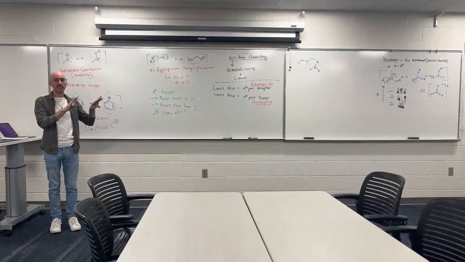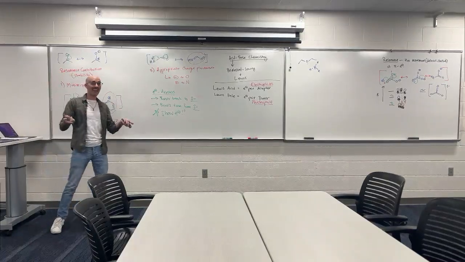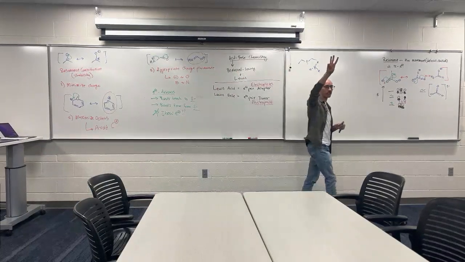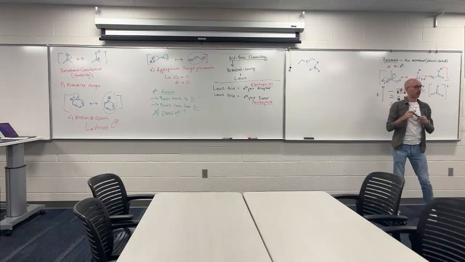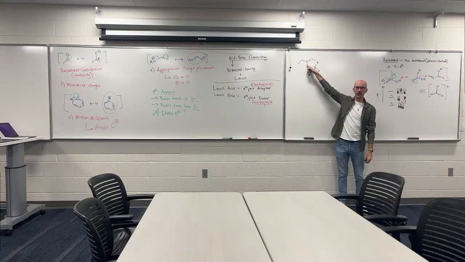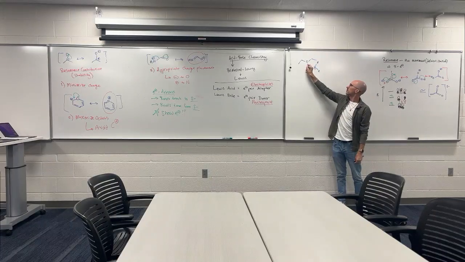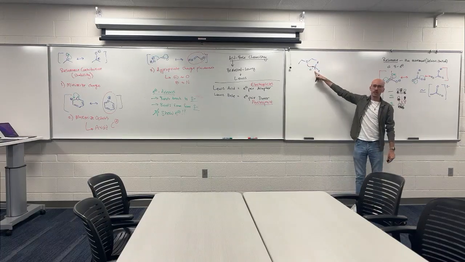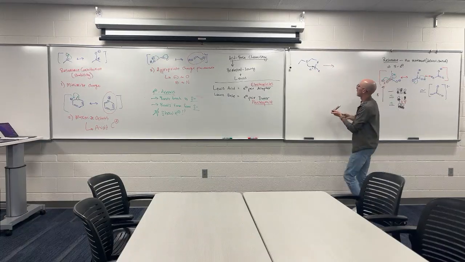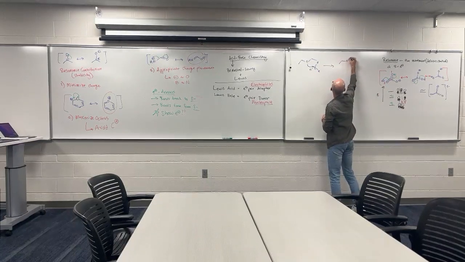Boron doesn't have an octet, and that makes it neutral. Boron has 3 electron regions with an empty p orbital. Diethyl ether, a common solvent, can donate a lone pair to that empty orbital on boron. And this makes what's called an adduct.